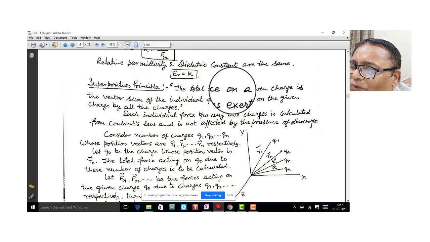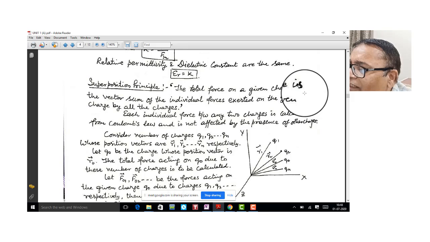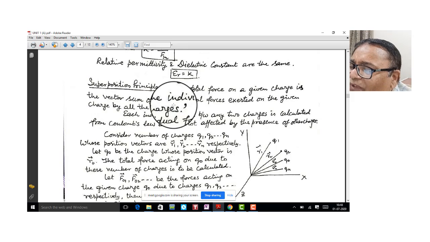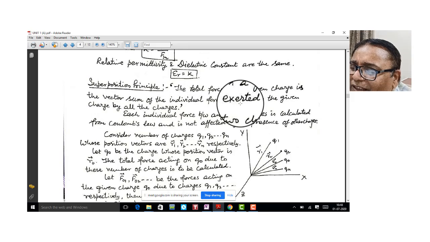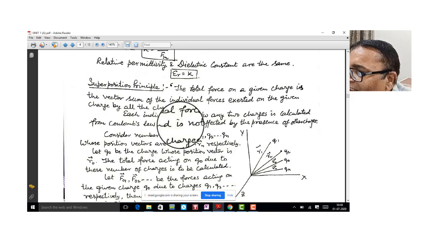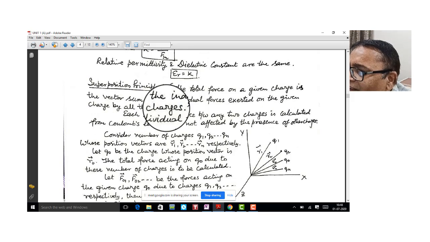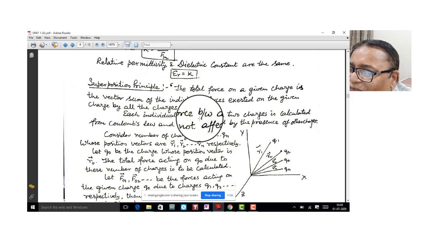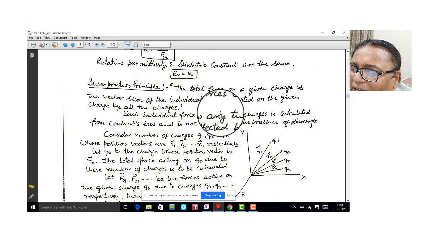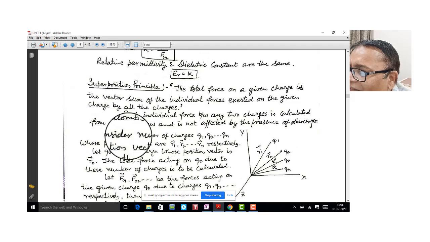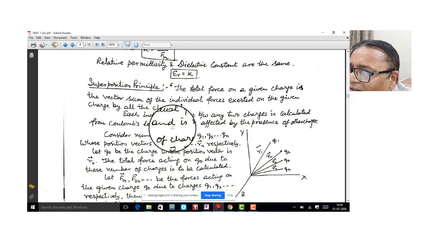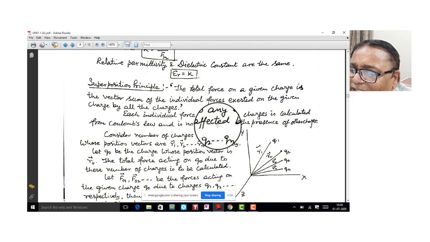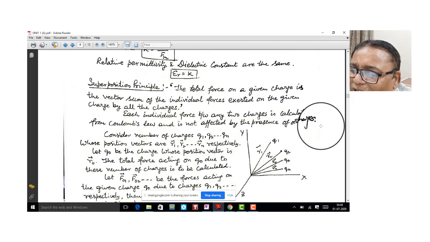The total force on a given charge is the vector sum of the individual forces exerted on the given charge by all the other charges. Each individual force between any two charges is calculated from Coulomb law and is not affected by the presence of other charges.